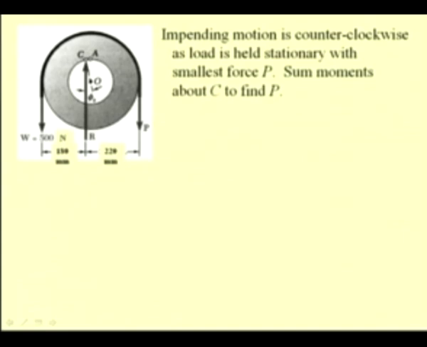So, the point of contact, which is originally at A, now shifts in the counterclockwise direction to a point C, where the horizontal displacement of this reaction R is equal to the radius of the static friction circle, which is again 20 mm. So, we see that the moment arm for this weight W is 180 mm and for this force P as 220 mm.